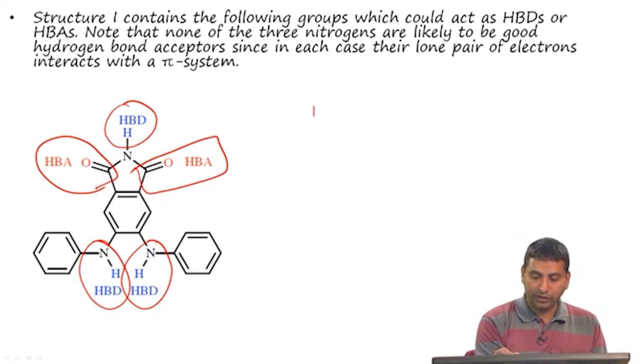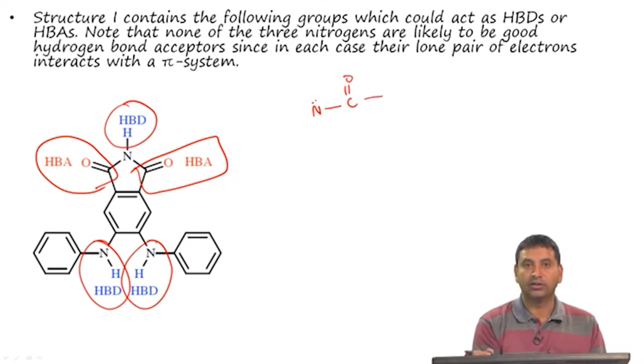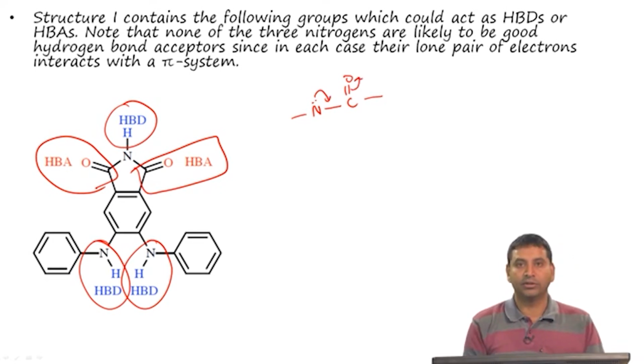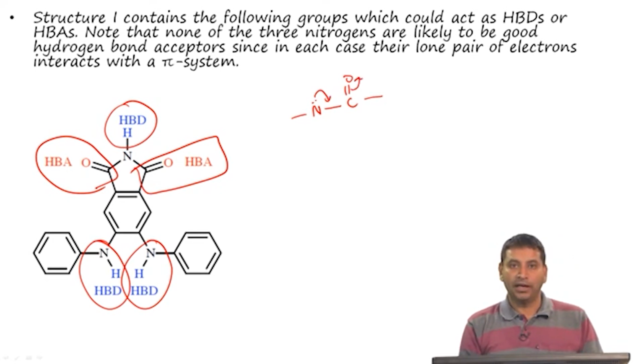We have already seen that when a pi bond is potentially possible, the lone pair goes in here and interacts with this carbonyl, and therefore, these are not very good hydrogen bond acceptors. So, that basically makes only the carbonyls hydrogen bond acceptors.